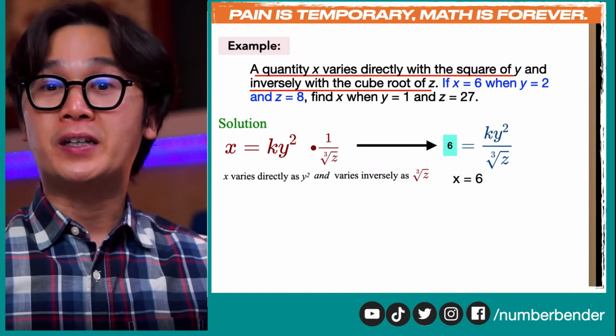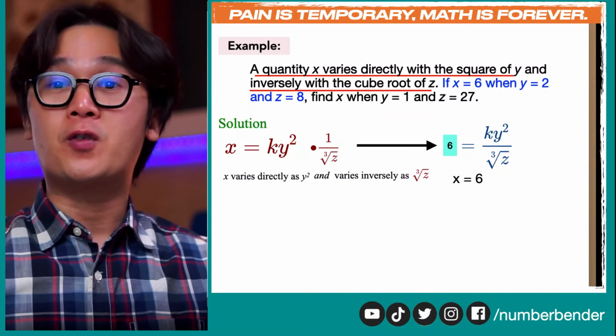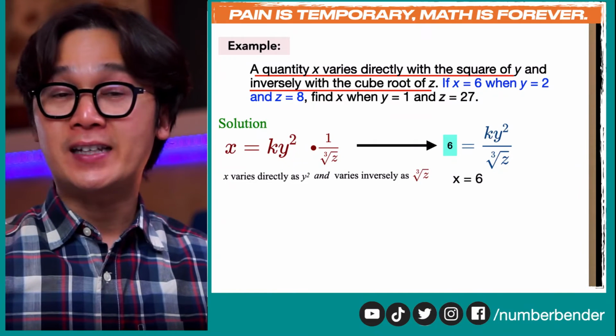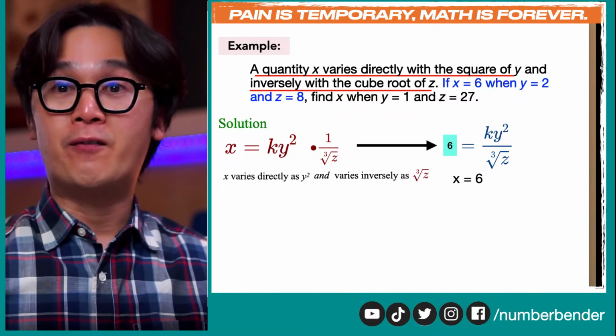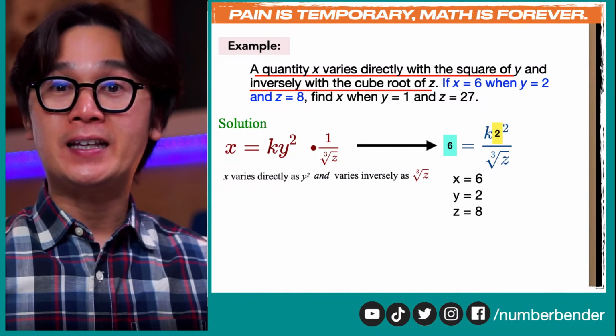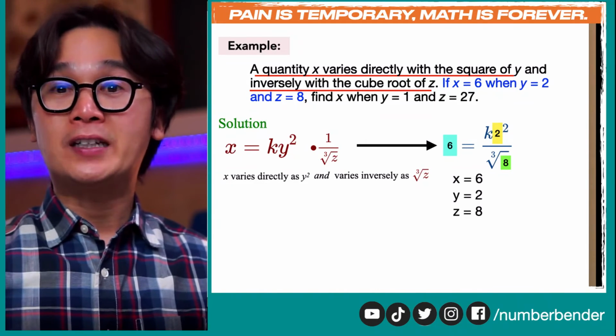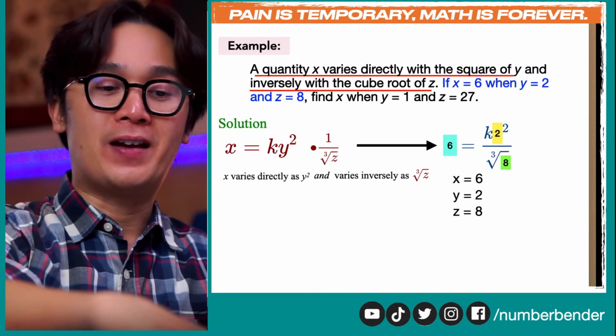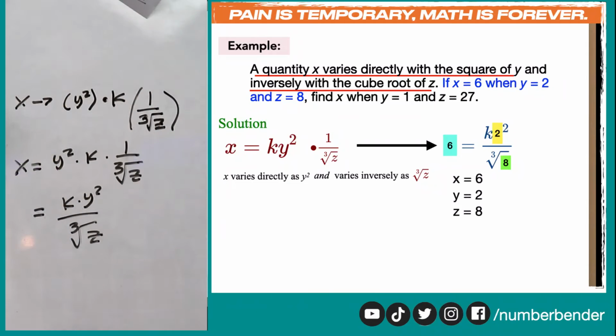We know that x is equal to 6 based on the given value, y is equal to 2, and z is equal to 8. So all we need to do now is manipulate our fraction so that we can find the value of k. How are we going to do that?